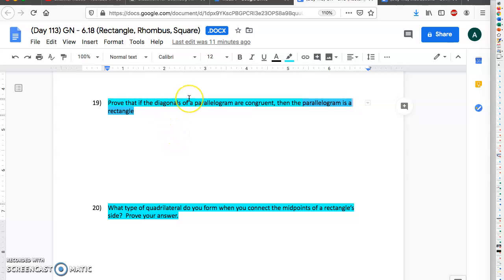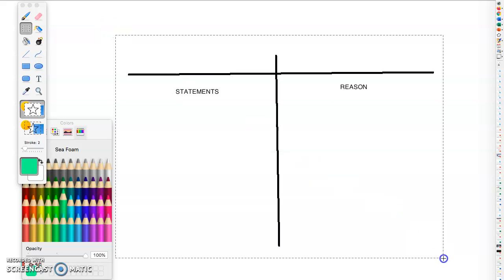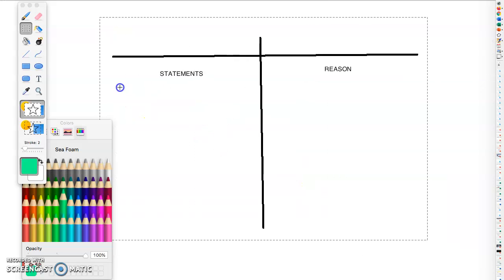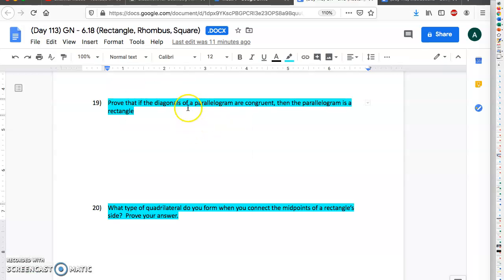So to help you along on this, when you create your proof table like this, one of your very first statements should be: diagonals are congruent.